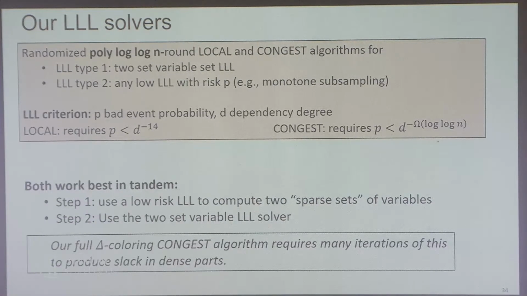And our full delta coloring algorithm actually really makes use of several iterations of these LLLs in the dense part. So I didn't talk about the dense part of the graph at all, which is actually the main challenge, in particular if you want to do it in the CONGEST model. But there we have lots of iterations of these LLLs to compute sparse sets, and even to compute one of these sparse sets, we use several iterations of this.